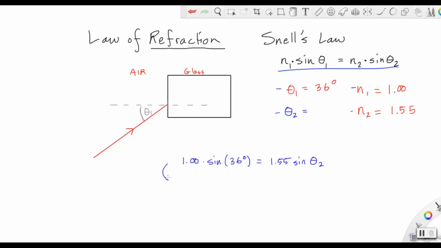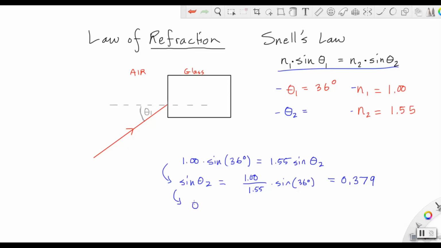Alright, so this leads us to sine of theta 2 is equal to 1 over 1.55 times the sine of 36 degrees, and that should give us 0.379. That says that the sine of our second angle, theta 2, is equal to 0.379.